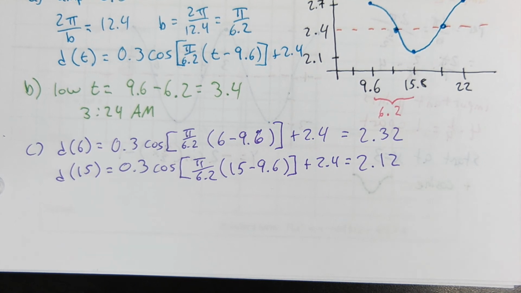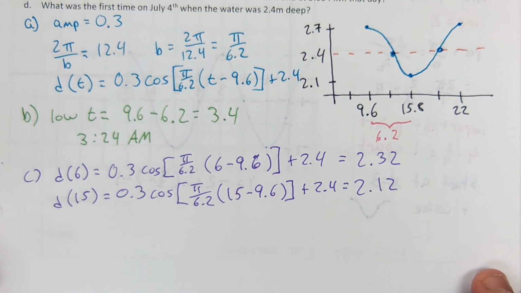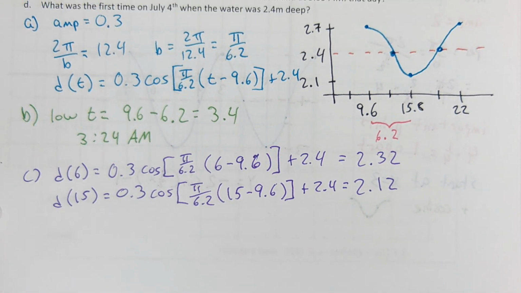And lastly, part D. What was the first time on the 4th of July when the water was 2.4 meters deep? What's significant about the number 2.4? It's the midline.